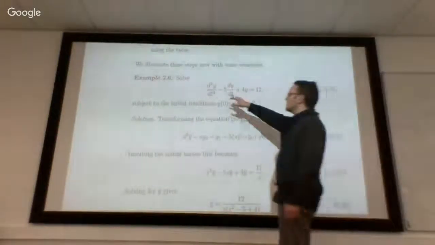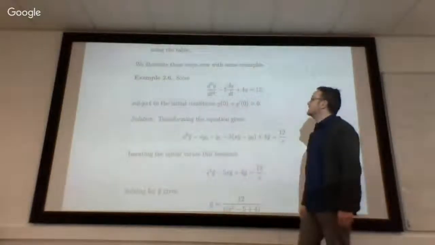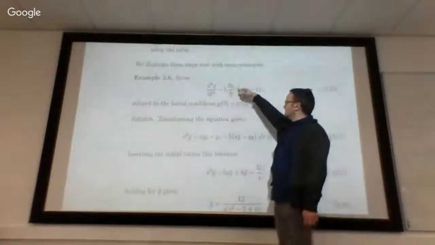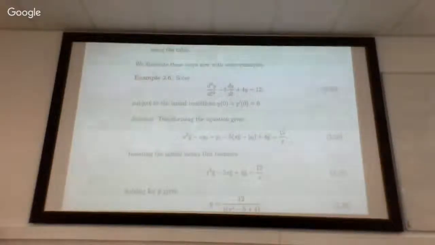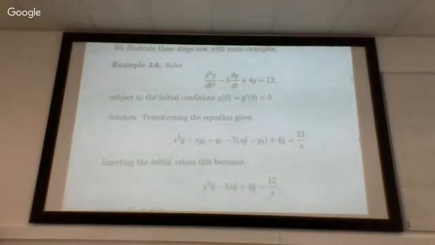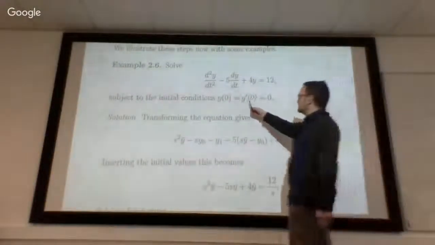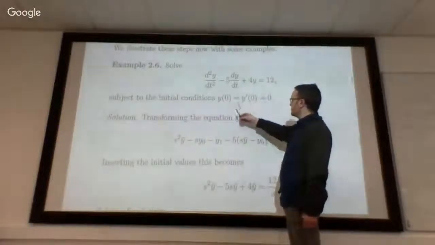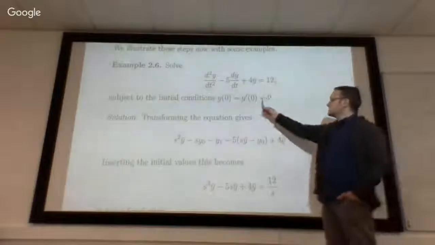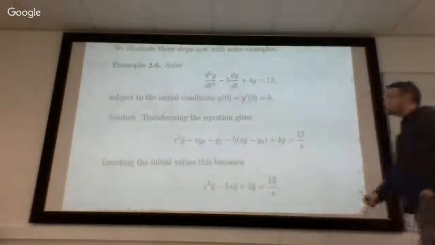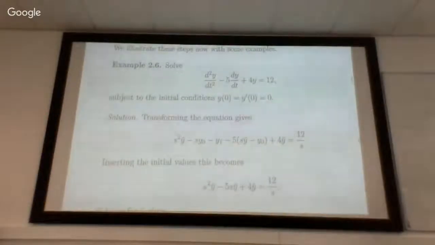It's a second order differential equation in y, d2y/dt² minus 5 dy/dt plus 4y equals 12. Nice linear equation. And we're given these initial conditions, these 0 initial conditions, that both the function y and the first derivative of y, so we're using this dash notation here for derivatives, that those two initial values are both 0. So we go through those steps we've just outlined.